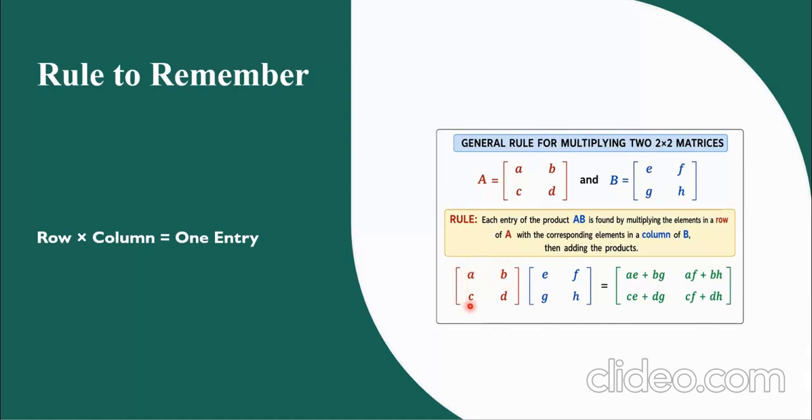So we are now coming to pick the second row and then multiply by each column in the second matrix. So that's what the condition says.